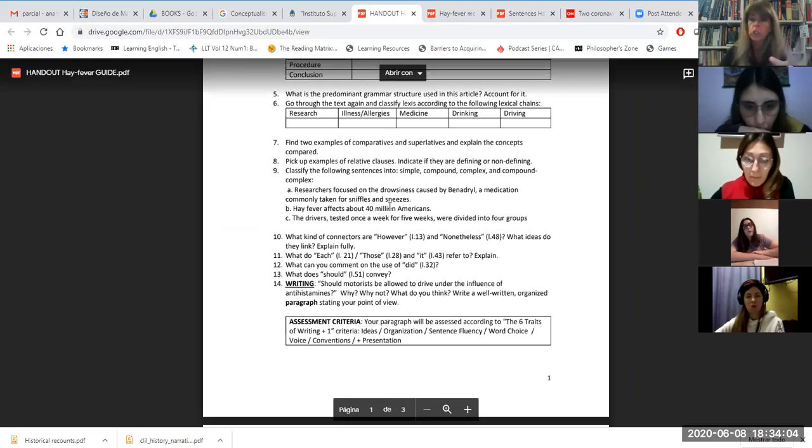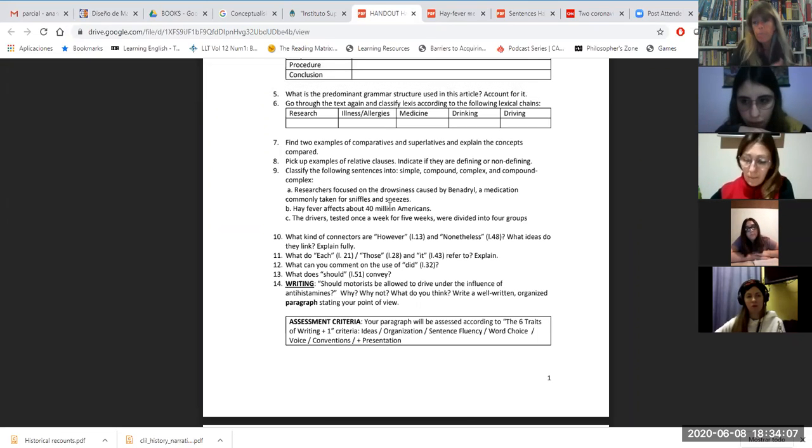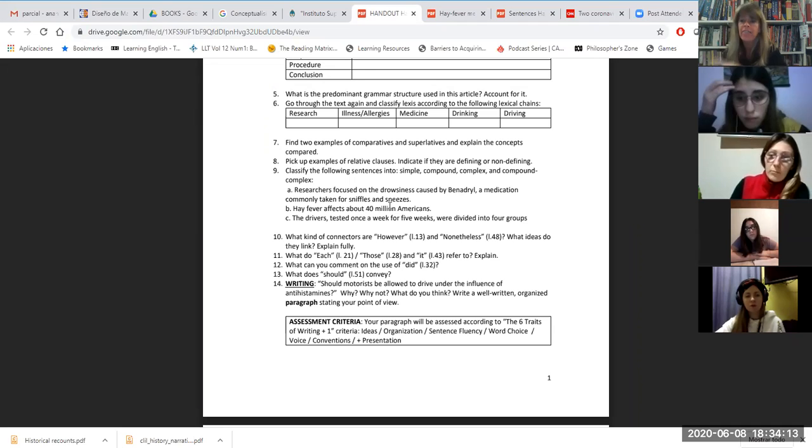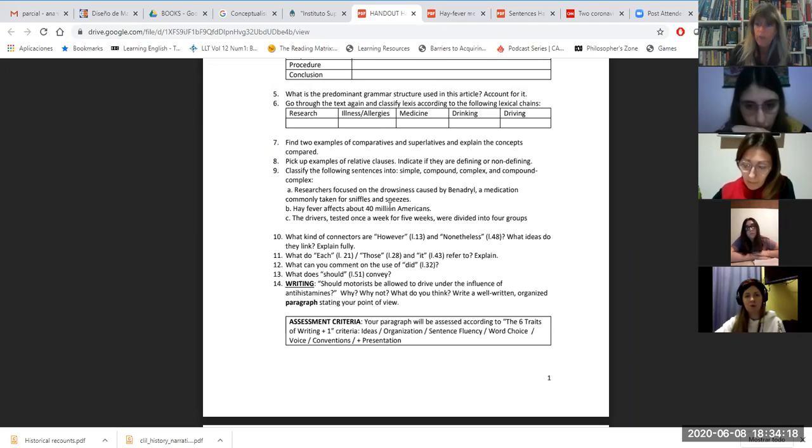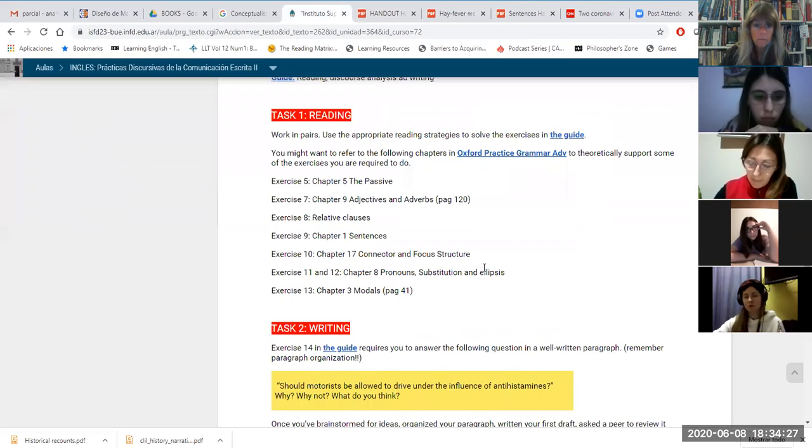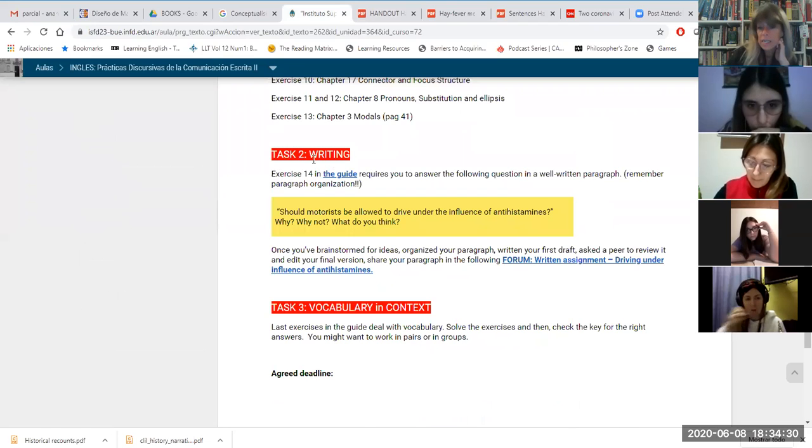So you can do it without going to the book, or you can say, okay, I can identify this as a simple sentence, and then you go back to the book and read the theory again, right? What I'm trying to do is to put together theory and practice, okay? All right. And then there is a writing task. For this writing task, right? The writing task is exercise 14 in the guide.